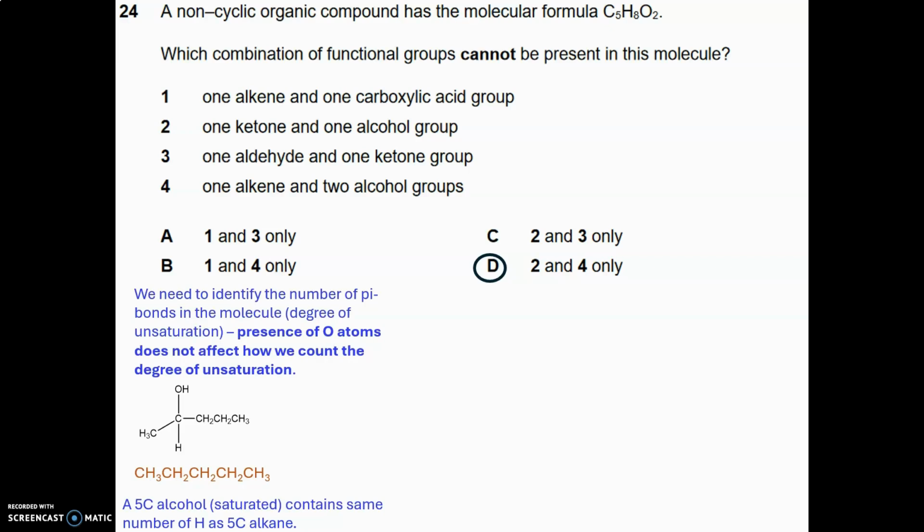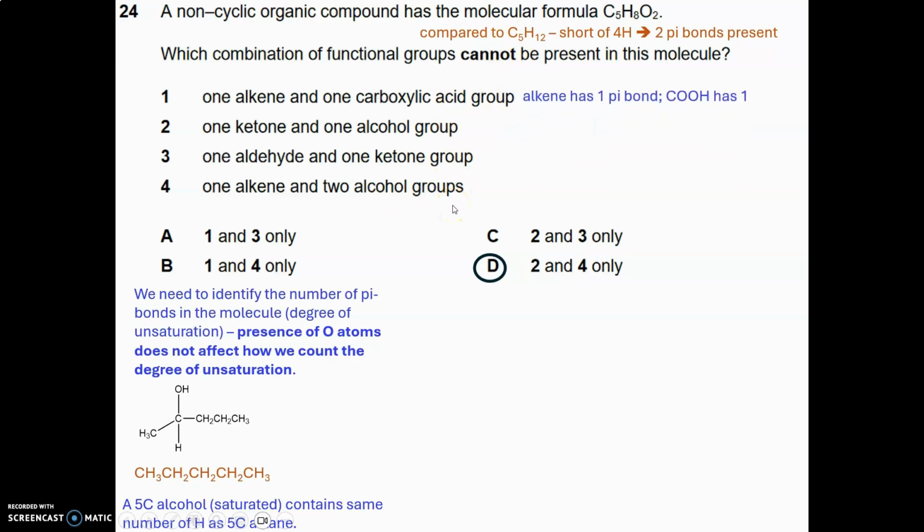So we can treat this C5H8O2 as C5H8, and you'll notice that compared to the saturated C5 alkane, which is C5H12, this molecule is 4 hydrogens short, which means that this molecule contains 2 pi bonds. So our functional group combinations must contain 2 pi bonds.